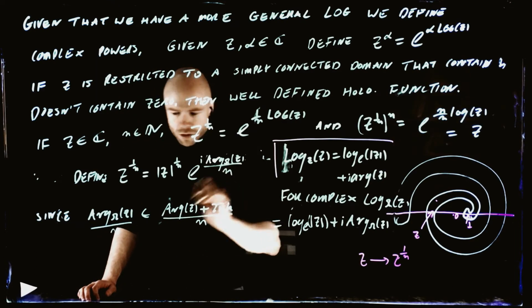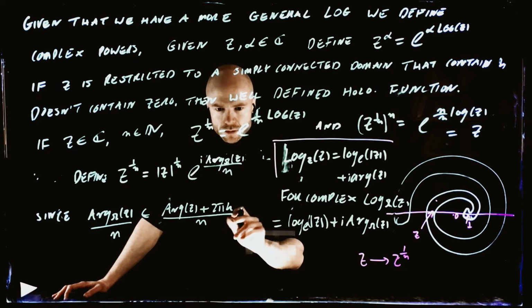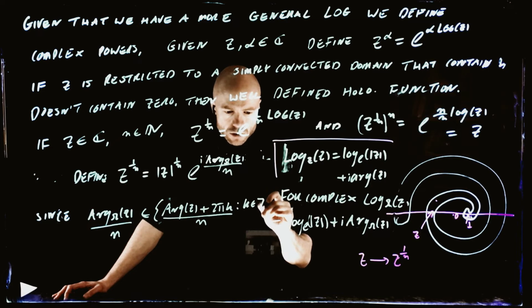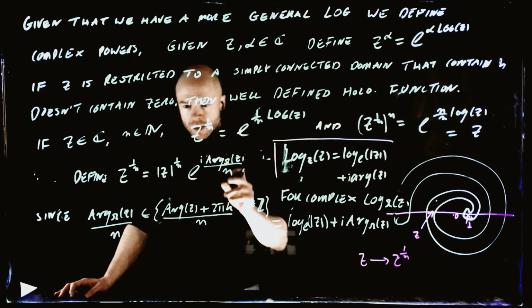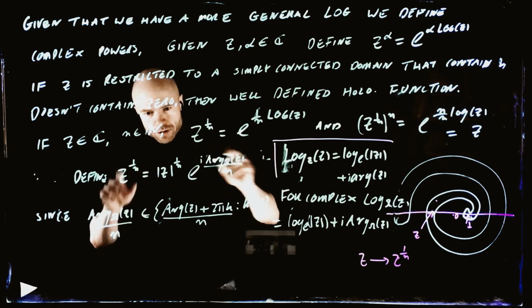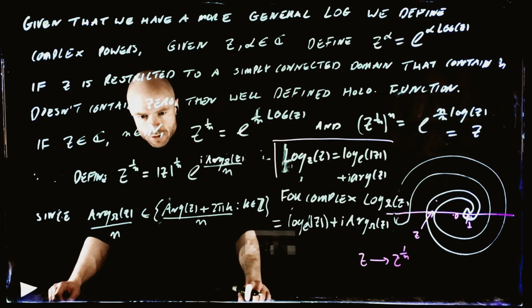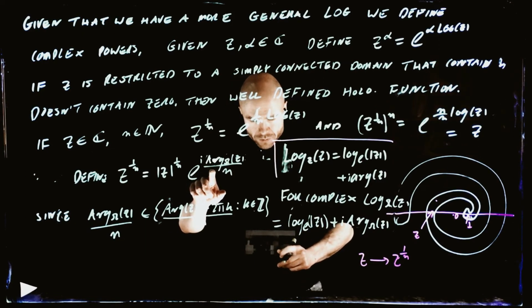This definitely belongs to this set. So if we define it this way, it will be one of the choices of the nth roots that we have in the general formulation. It will be one of them, but it'll be a continuous choice because this is a continuous function.